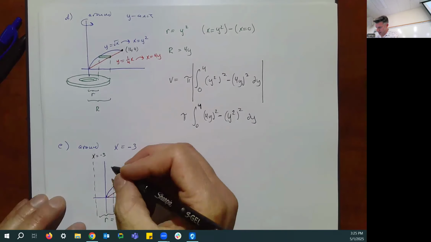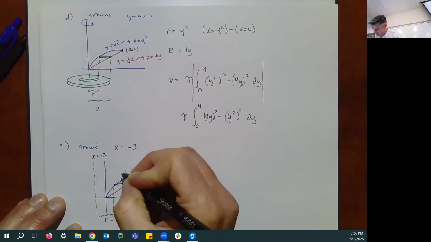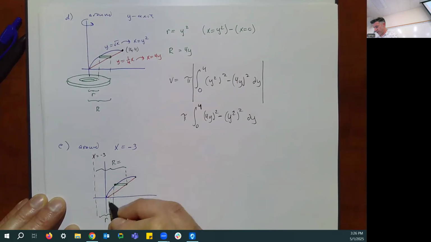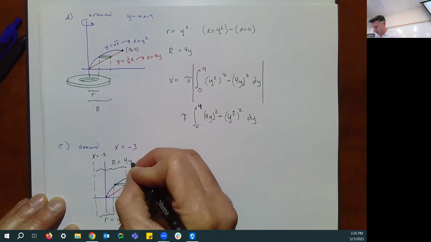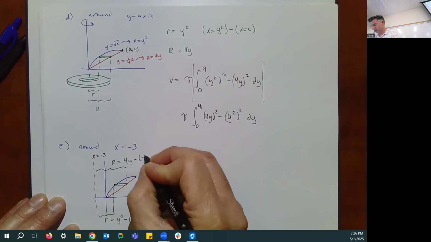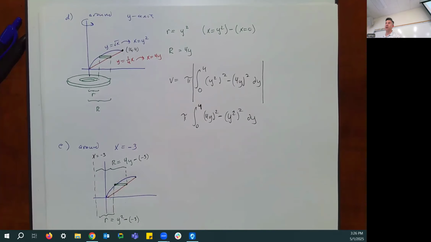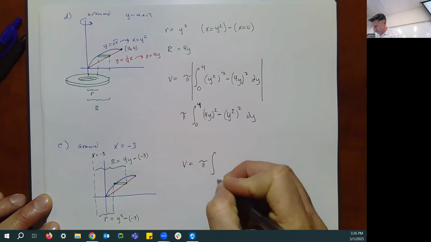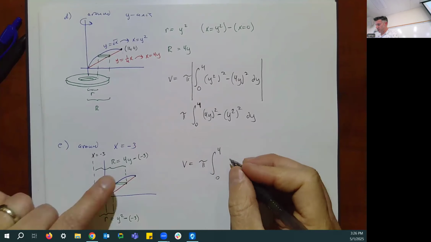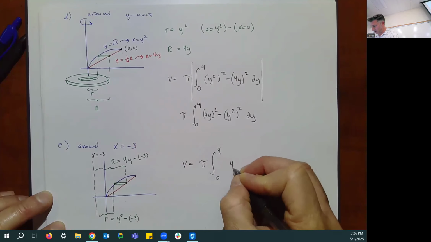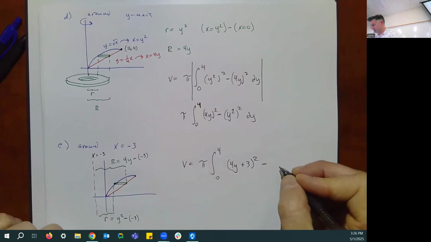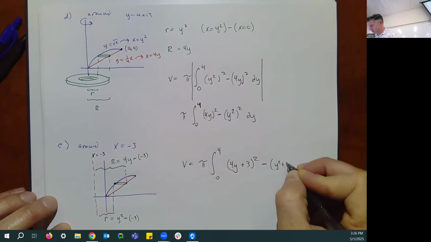And my outer radius, which is to the further away function, is going to be my further away function, which is x equal to 4y, minus my axis of rotation, which is -3. It's always a difference. So then our volume would be pi integral 0 to 4 larger radius squared, which I will simplify this one time, 4y plus 3 squared minus my smaller radius squared, which is y squared plus 3 squared.